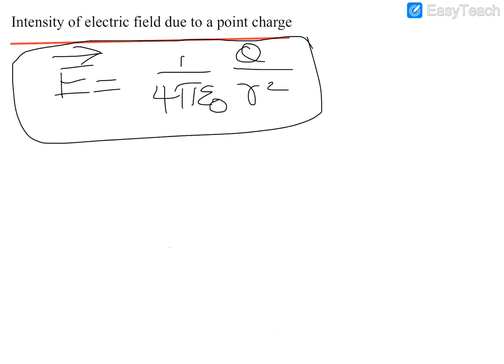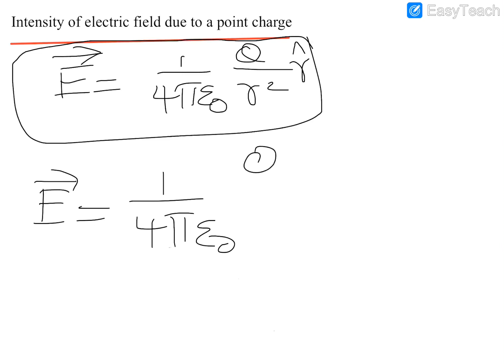Here please remember, we are writing the total electric field vector, so this is only the magnitude; you need direction also, so the direction will be r cap. So the final equation for electric field will be 1 by 4 pi epsilon 0 Q by r square into r cap.